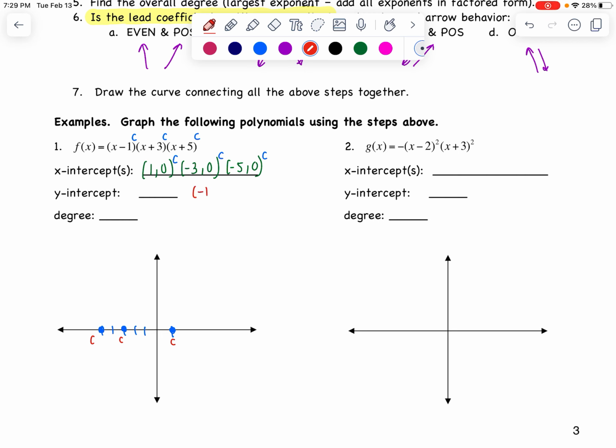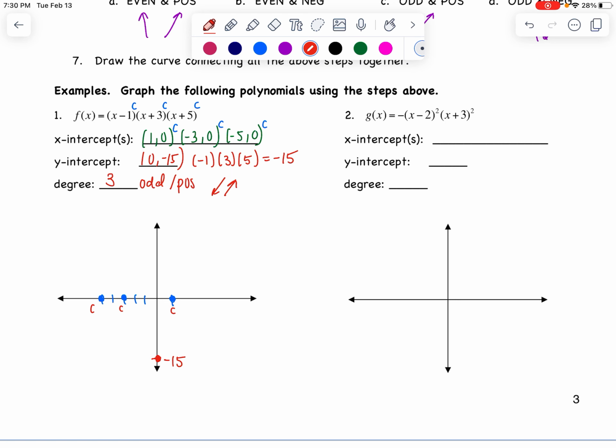So we're going to get negative 1 times 3 times 5, which is negative 15. So it's going to be (0, -15). That's going to be somewhere around there. And then looking at the degree, it looks like we are degree 3, which is odd. And then our function is positive. So this is our end arrow behavior.